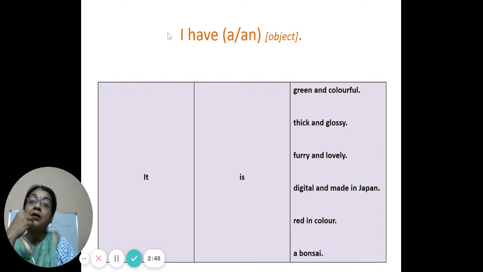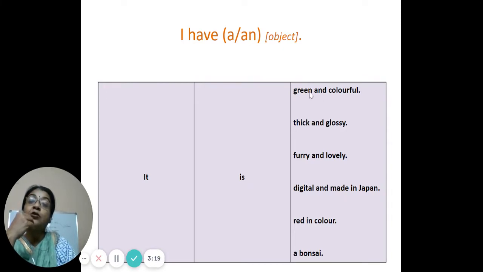I have kept a structure card over here which will help the students to coordinate in framing the sentences with the first sentence they have prepared from the substitution table. So if it is a book, it is thick and glossy. It cannot be furry and lovely.